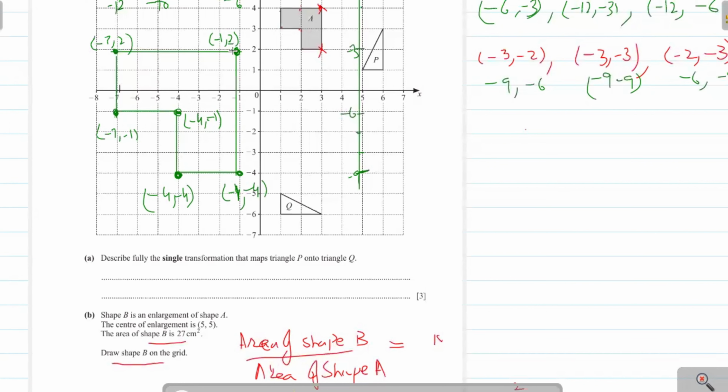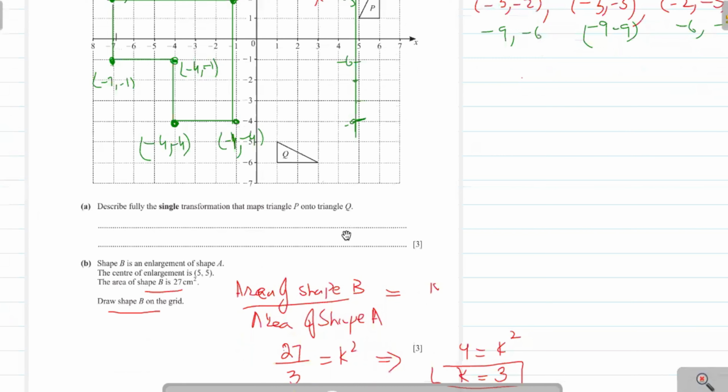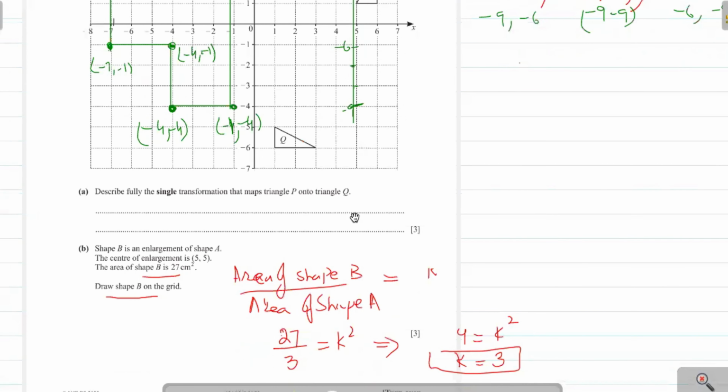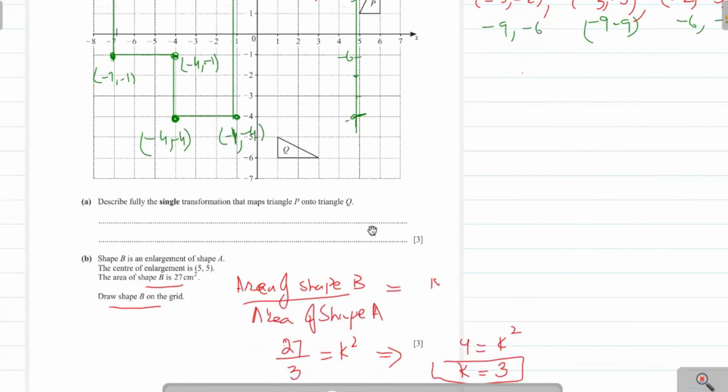All these points are the enlargement figure points. This is the answer.